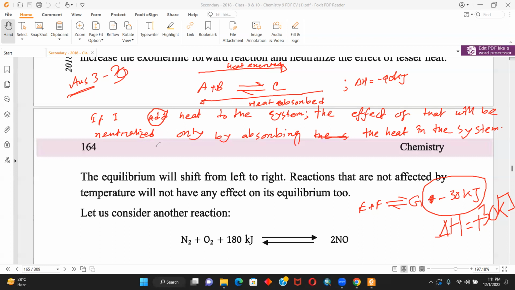In whichever way, it has to perform the opposite to what I have done in the system. If I have added heat in the system, it will absorb the heat. If I want to absorb the heat of the system, it will add or exert heat. I have made it very clear. I have given all the hints. Now tell me, in which direction will it go?